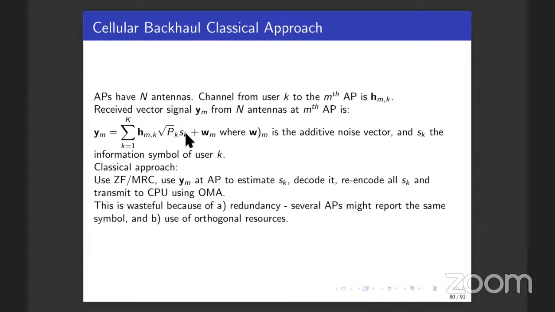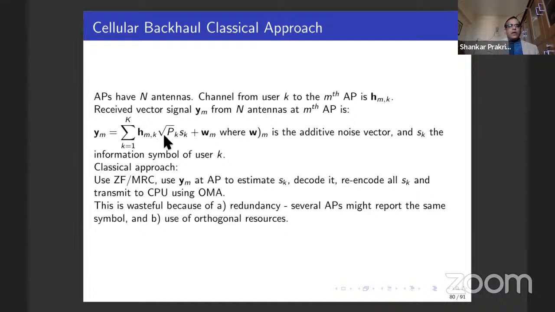So what is the classical approach? I hope this is clear. Each access point has to decode the information coming from the k users and then transmit to the central processing unit. What is the disadvantage of this technique? You may be able to successfully decode some of these symbols, but some of them you will not be able to decode at the access point.